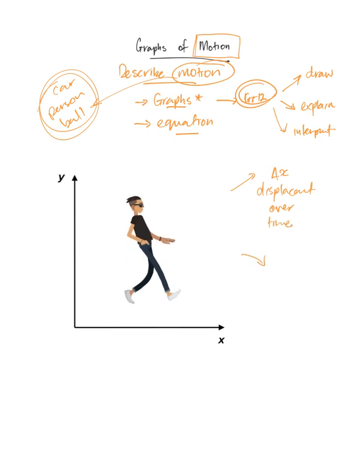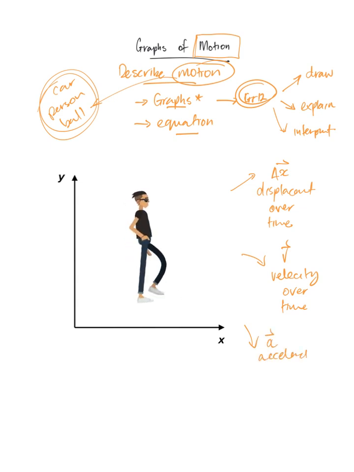We're going to look at velocity over a time period. And then we're going to look at acceleration, also over time, and what that would look like in a graphical situation.